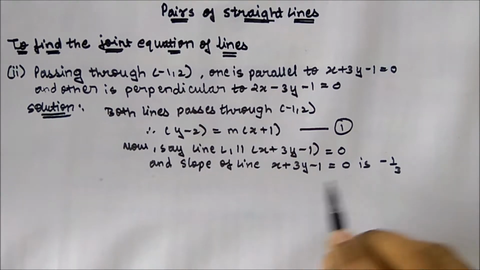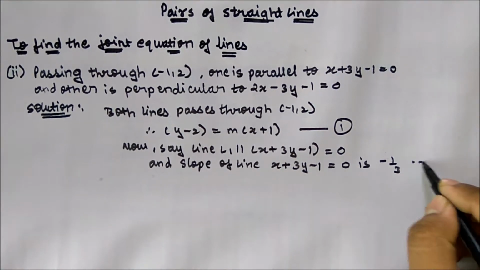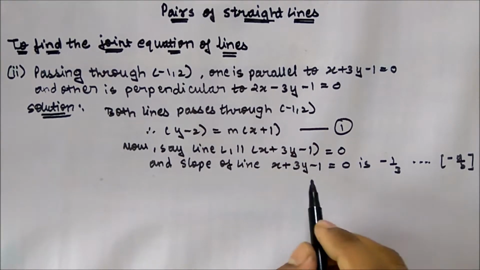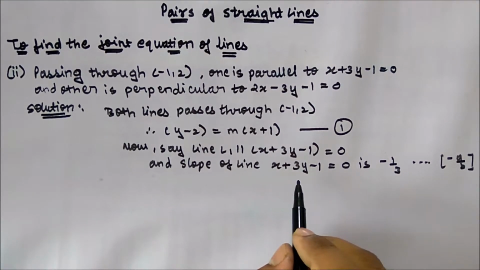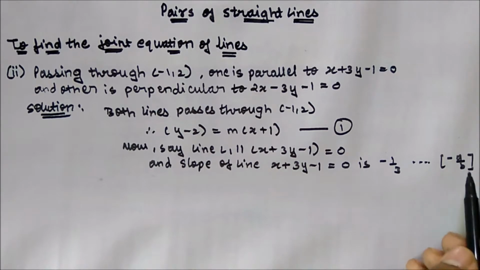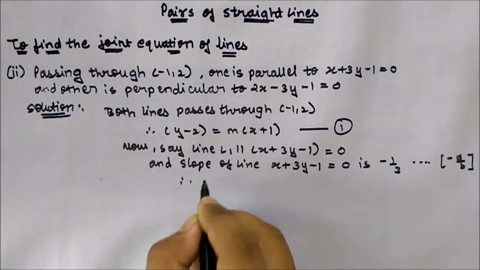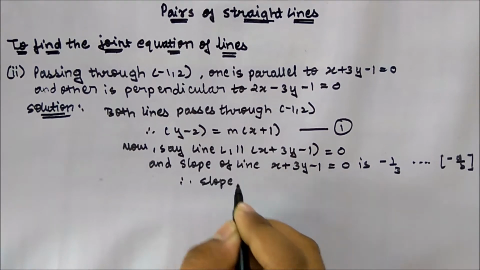That is how we find the slope. We do minus a upon b. In the general equation of a line, if the line is in its general form, then we do minus a by b to find its slope.